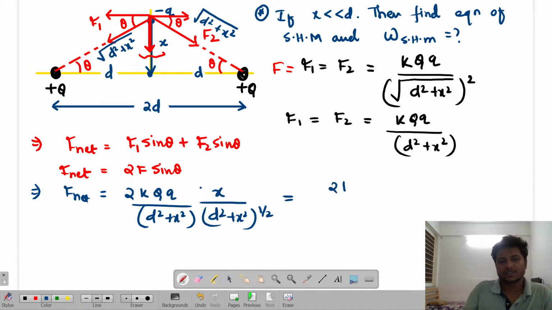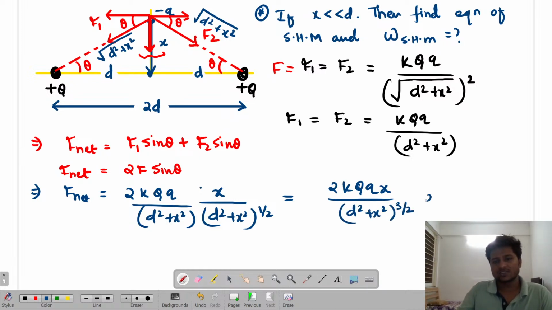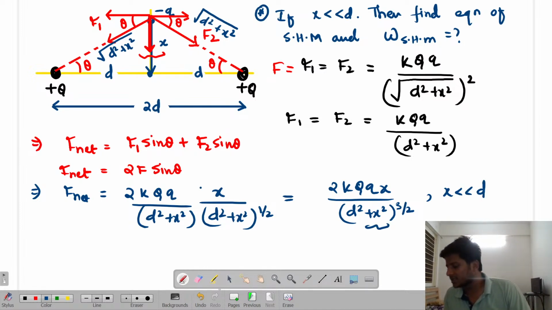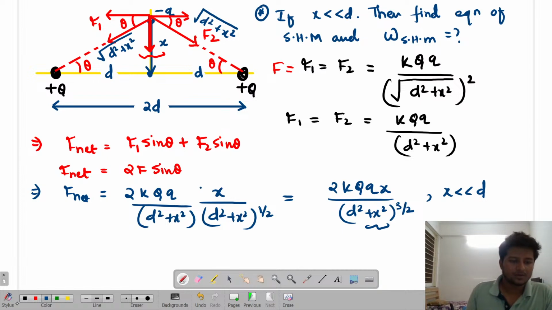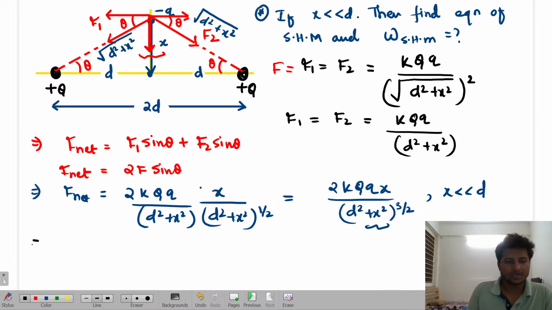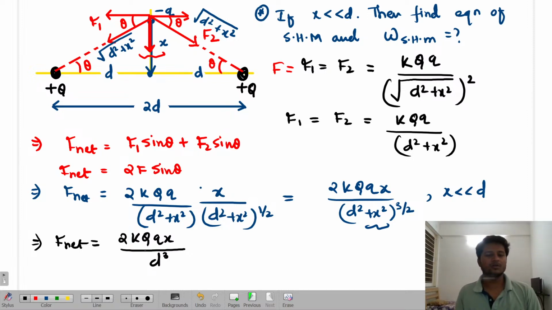So it becomes twice k capital Q small q x divided by d square plus x square to the power of 3 by 2. Once again, x is much less than d, so this term can be ignored easily, isn't it? So if I ignore it, I get my F net as twice k Q q x divided by d to the power of 3. Are you able to get me or not?